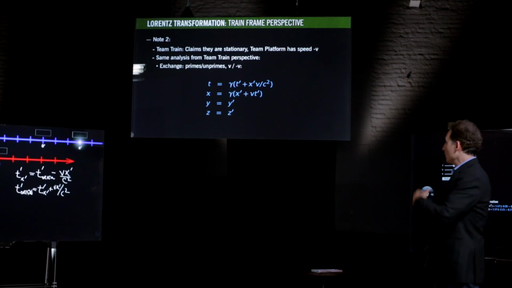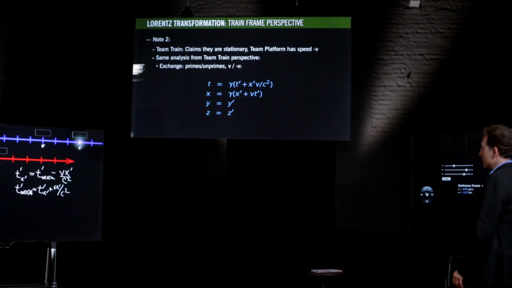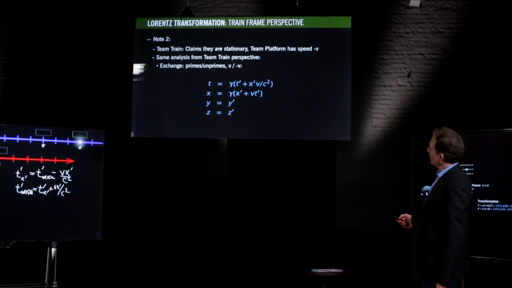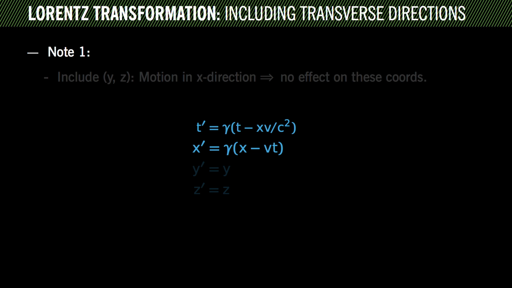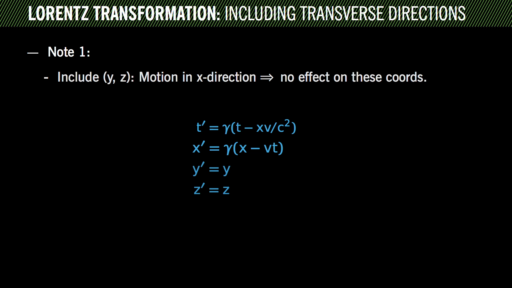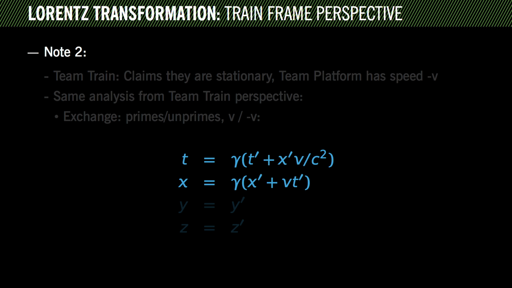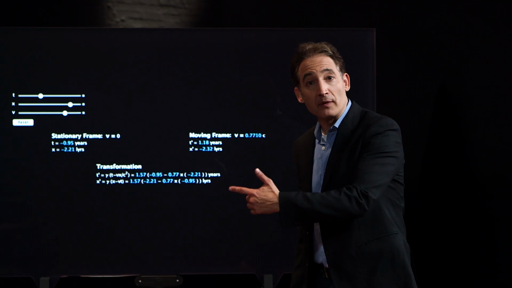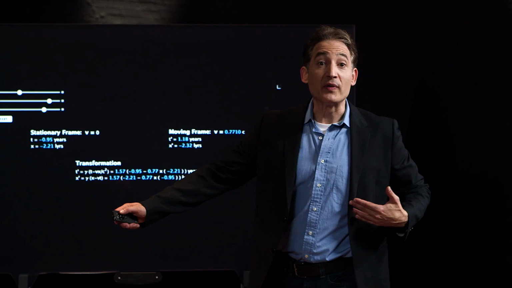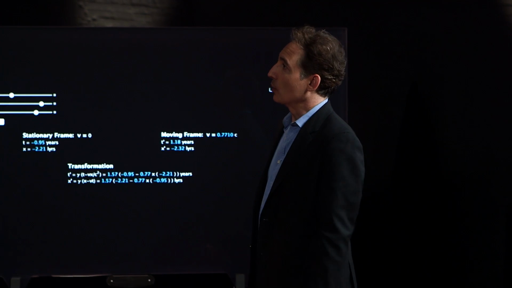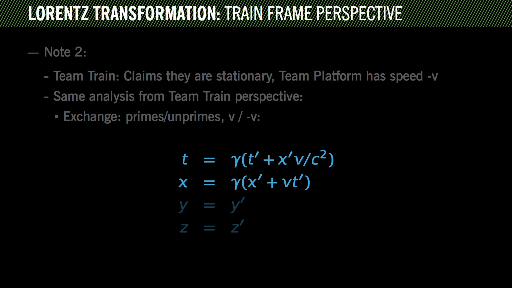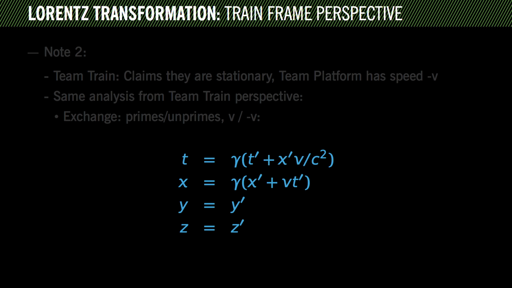And indeed, we already have indicated what that is. If the relationship between t prime and x prime and t and x has a minus sign where the v is concerned, it's going to be a plus sign if you go to the other frame of reference, because from their view, the other frame is moving in the opposite direction. That's the only change. Again, y prime and z prime are just coming along for the ride.